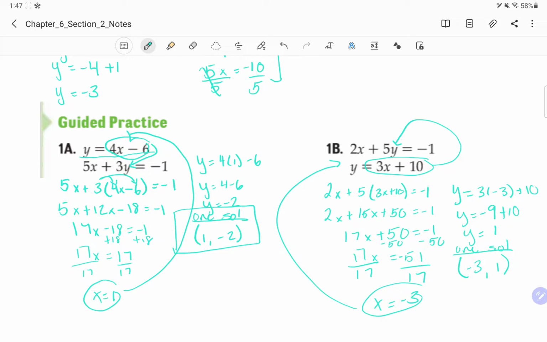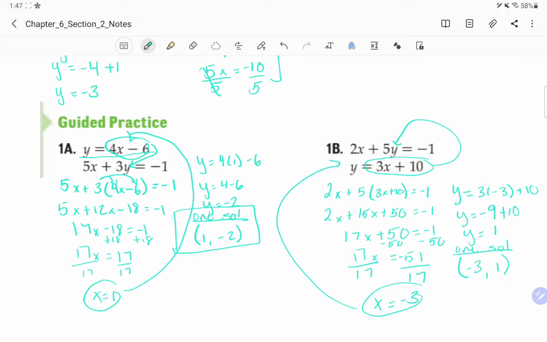Okay. Same over here with 1B. Becomes 2x plus 5 times the quantity, because that quantity is what y is equal to. So times the quantity of 3x plus 10 becomes 2x plus 15x plus 50 is equal to -1. So 17x plus 50 is equal to negative 1.